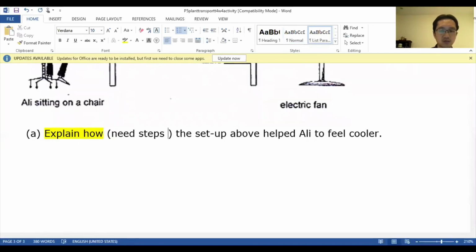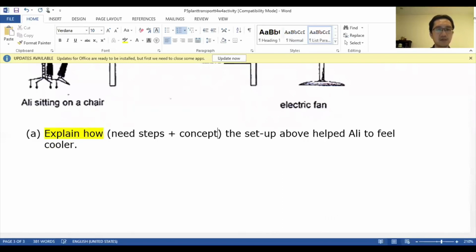So we need to put the steps together with the concept of what is happening here. If you want a while to think about how to answer this, I'll go through the answer after that.